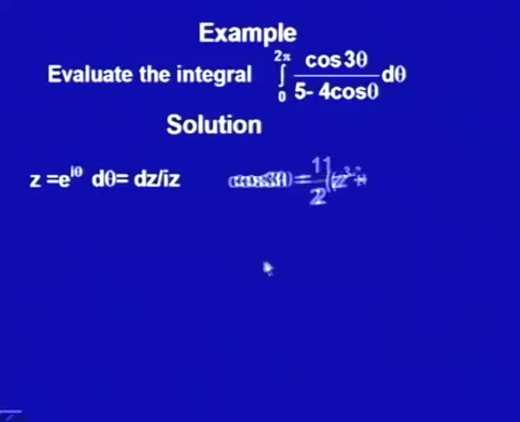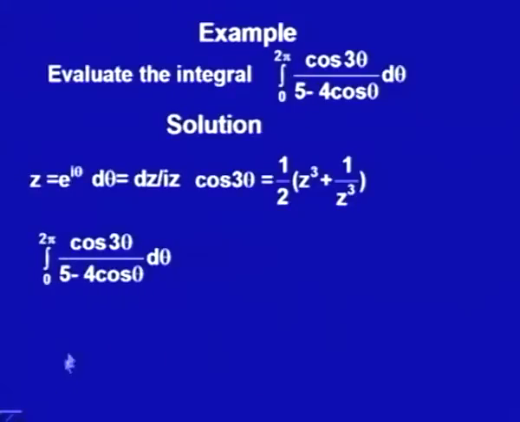Now, for cos 3 theta we have the formula that cos a theta is 1 by 2 into z to the power a plus 1 upon z to the power a. Here a is 3, so it would be half of z cube plus 1 upon z cube, and cos theta is of course half of z plus 1 by z. Now substitute all these values in this integral.